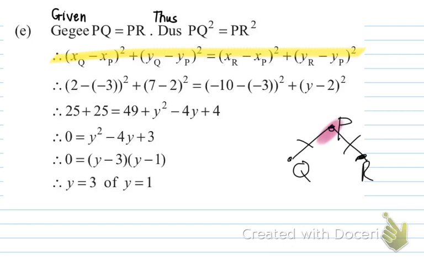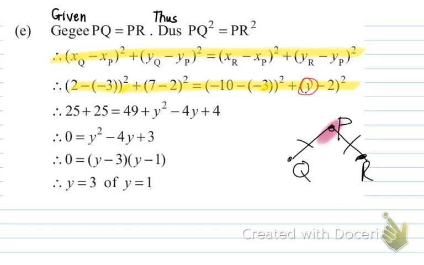Now I substitute all the values in, and I get (2 minus negative 3) squared plus (7 minus 2) squared, and on the other side (10 minus negative 3) squared plus (y minus 2) squared. I need to find y.